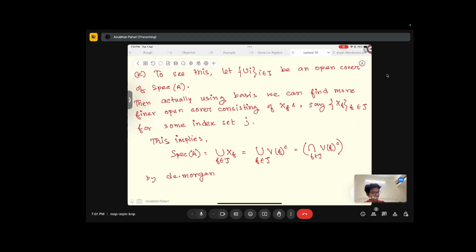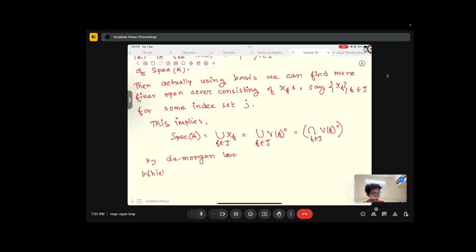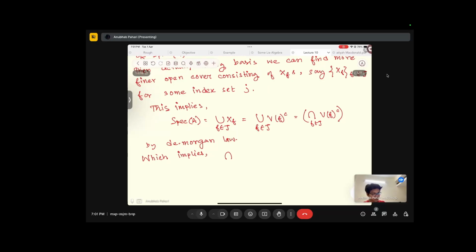So again, this is coming from the 12th standard, which implies the intersection of Vf should be empty, f belongs to J. This implies, so this is nothing but V of J, right? So this implies J should be 1.